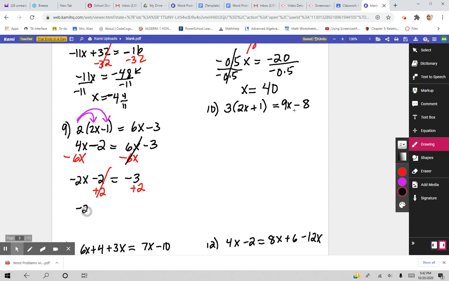We'll have negative 2x equals negative 1. Divide both sides by negative 2. And x equals, this is SSB because you're dividing, they both have the same signs. So SSB, same sign positive. So this will be x equals 1/2.